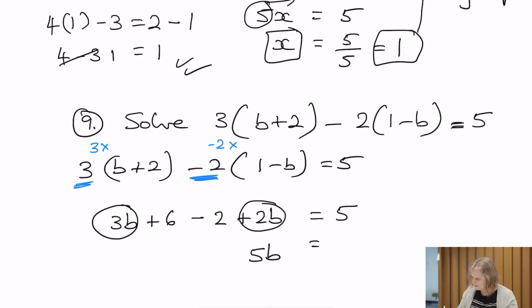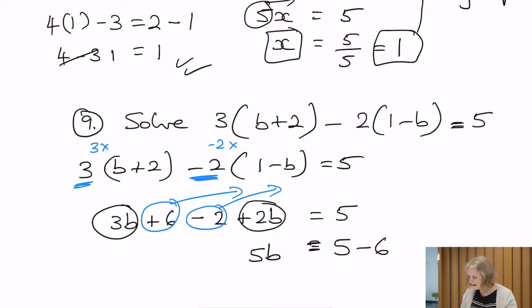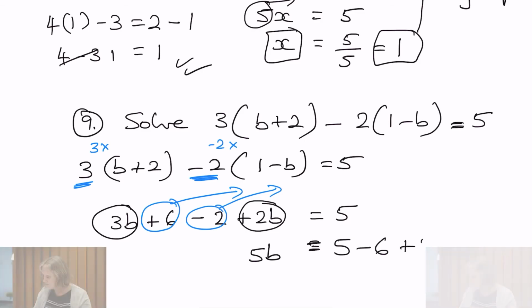Then the constants I'm going to take over to the right hand side, where we've already got 5. Bring over the plus 6 on the left hand side, so it becomes subtract 6 on this side. Negative 2 on the left hand side, when we bring it over, we reverse the sign, so we add 2. If we add these as like terms, 5 subtract 6 plus 2 gives us 1.